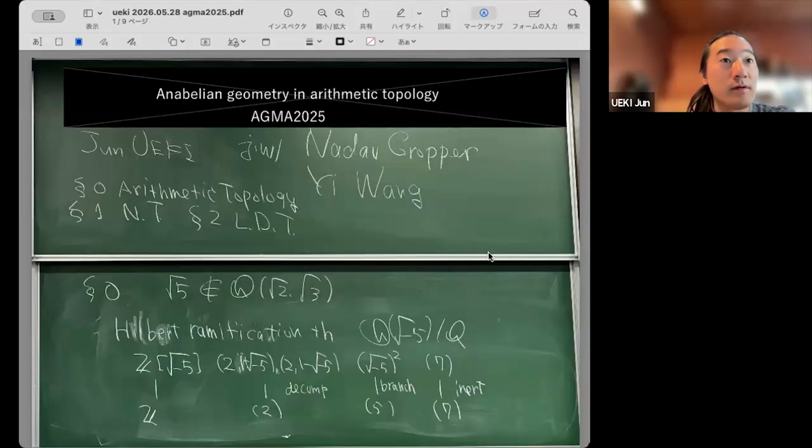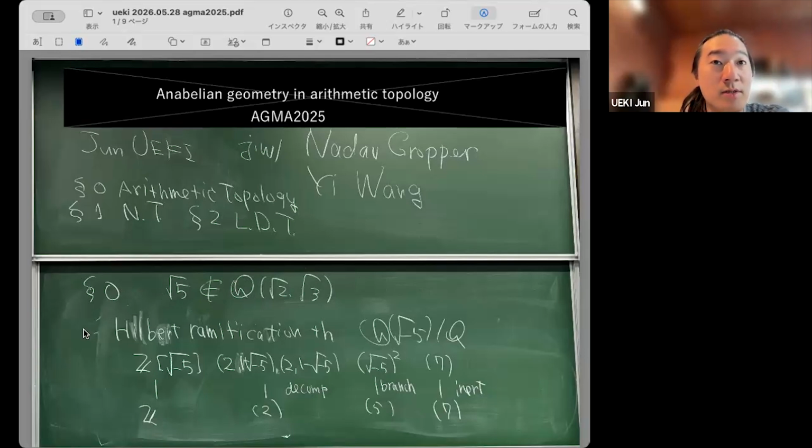First of all, I would like to ask a quiz for maybe undergraduate course students. How do you want to prove that square root of 5 is not contained in this field, the rationals? Maybe there are several answers, but perhaps Hilbert ramification theory is a good answer to capture that situation.